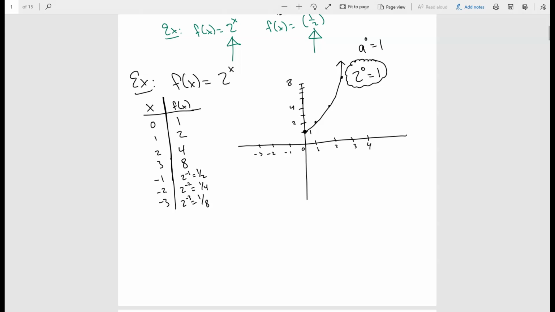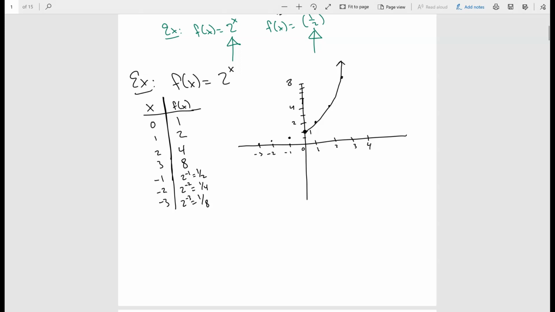Then, let me plug in the -1. For -1, you get 1/2, which is around there. Then when you put in -2, you get 1/4, which is a little bit lower there. Then 1/8.